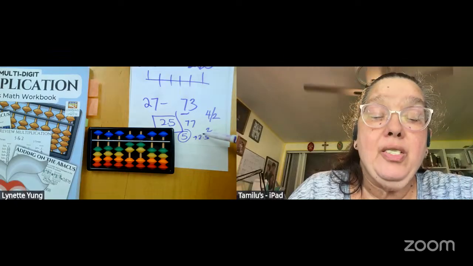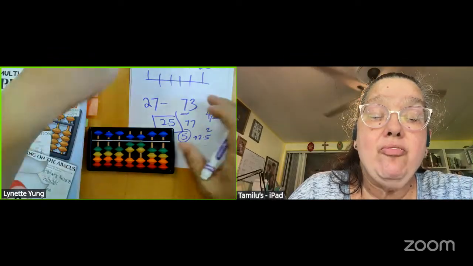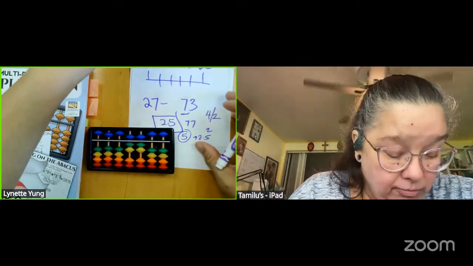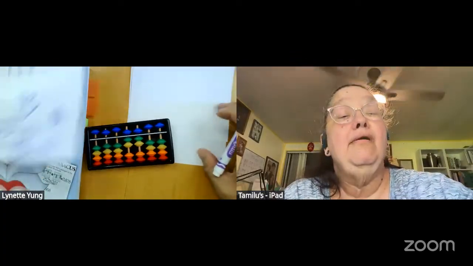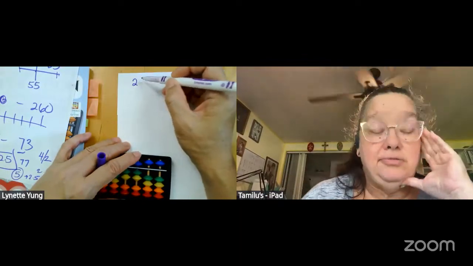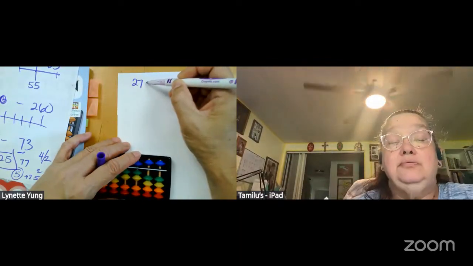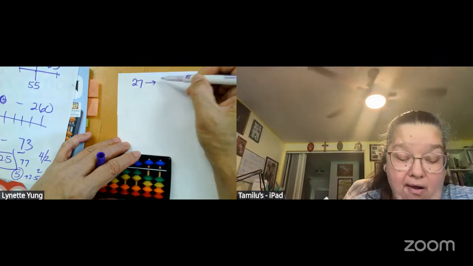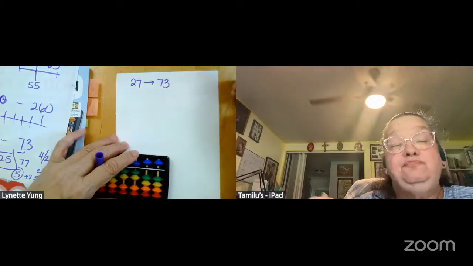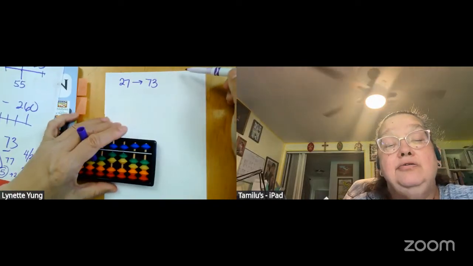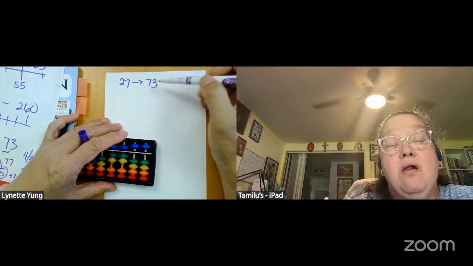You want me to read the whole entire thing real quick? Yeah, do it. All right. So what they have is we count in from 27 and 73. The number halfway between 27 and 73 is the same as the number halfway between 30 and 70. Oh, right. Okay.